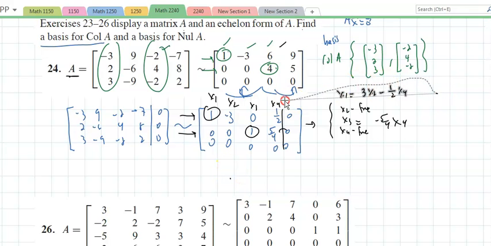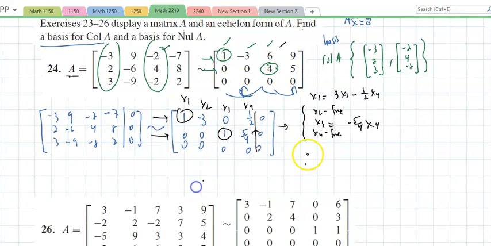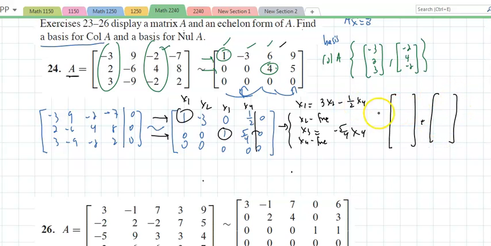So if I really write this, let me see if I need that. Actually, I could back up a bit. If I separate those, x2 and x4: x2 times 3, 1, 0, and 0, and x4 times negative 1/2, 0, negative 5/4, and 1.